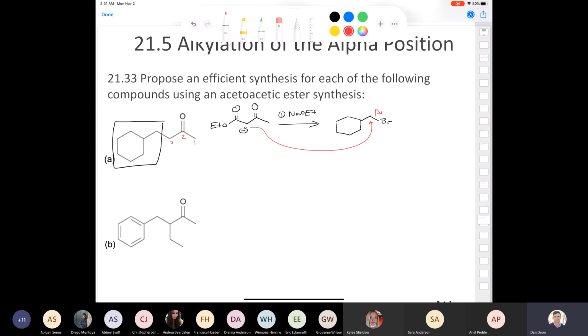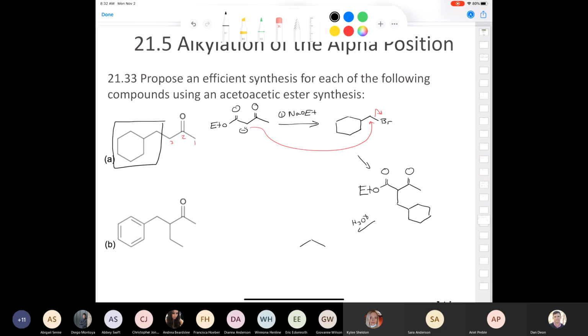Then what are we going to end up with? Let's draw the whole thing here. So we're going to end up with this intermediate, which looks like this. We're going to have our cyclohexyl group here like that. And the next step, we're going to treat that with aqueous acid.